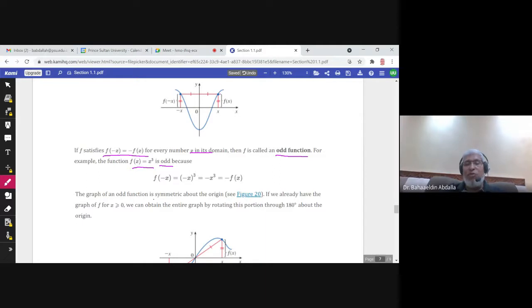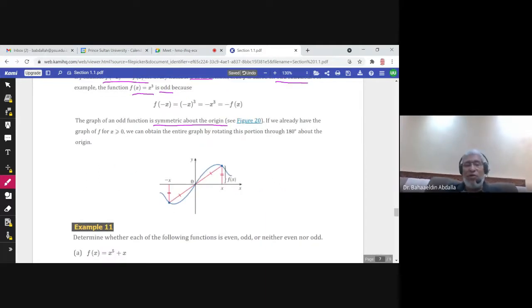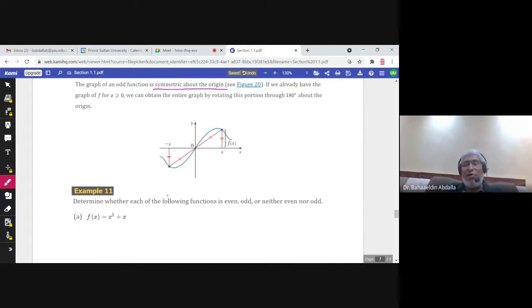The graph would be symmetric about the origin. The graph of an odd function is symmetric about the origin. If this is x and this is negative x, if you find f of x and f of negative x, they differ by a minus sign. So if f of x here is 2, for example, this would be negative 2.